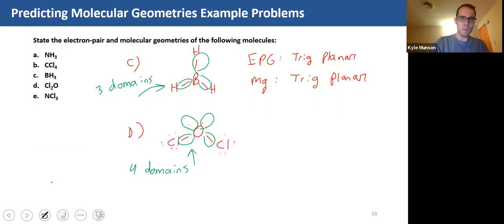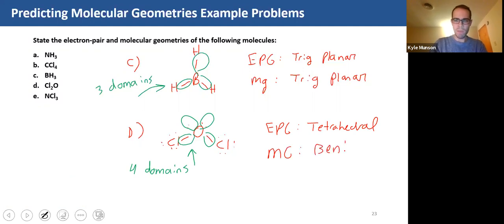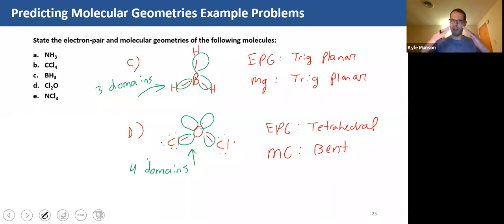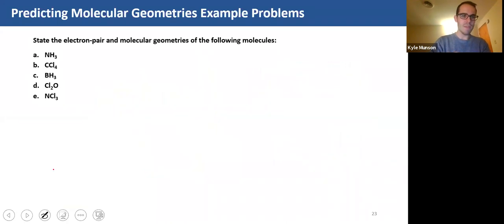So electron pair geometry is tetrahedral. Molecular geometry is actually going to be bent because 2 of those regions are bonded. If you just go back, 4 regions, 2 are bonded, it's bent for its molecular geometry. And that's kind of how I drew its shape. Okay, so clear all the ink.